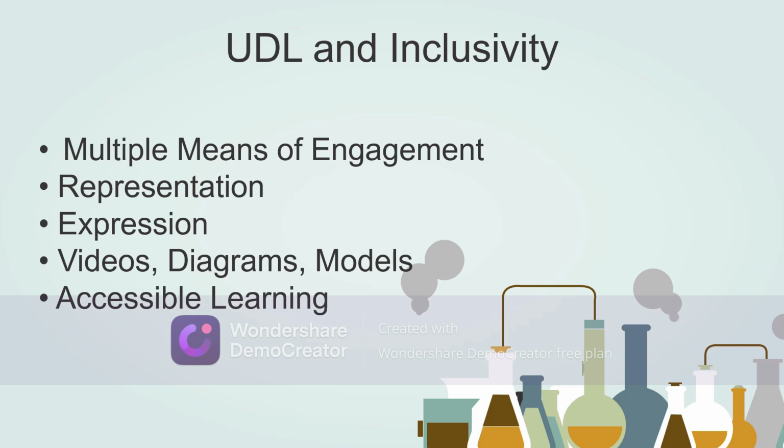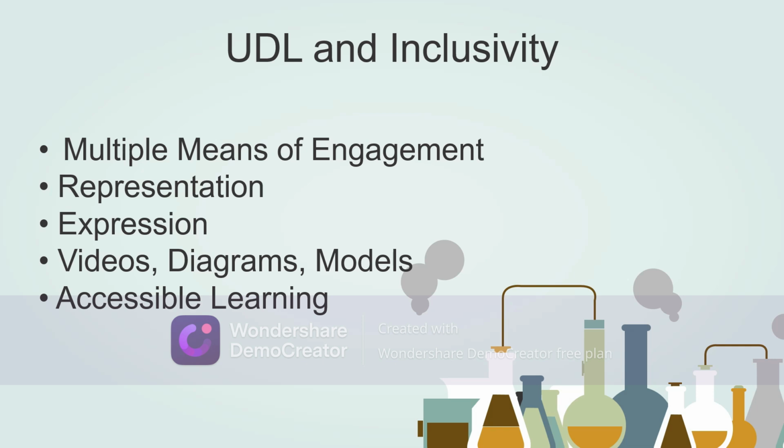The case study also demonstrates the application of universal design for learning, commonly known as UDL. UDL aims to provide equal learning opportunities for all students regardless of their abilities or learning preferences. The teacher used multiple learning materials such as videos, diagrams, science textbooks, worksheet models, and also classroom demonstrations.